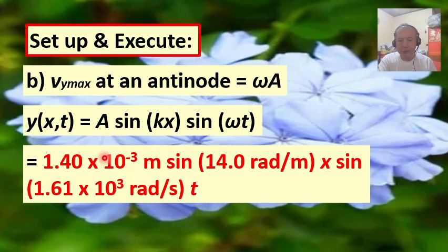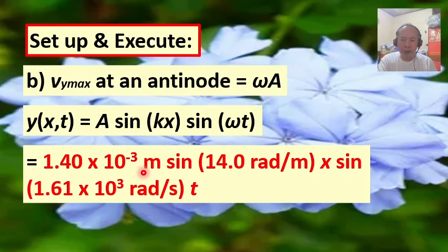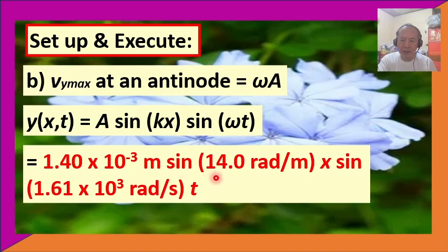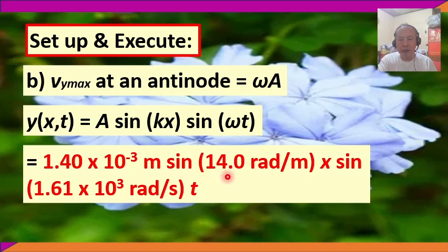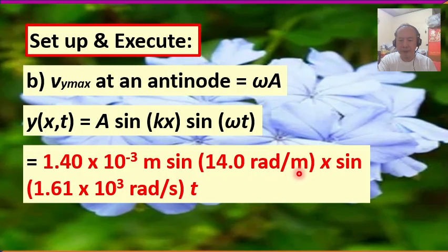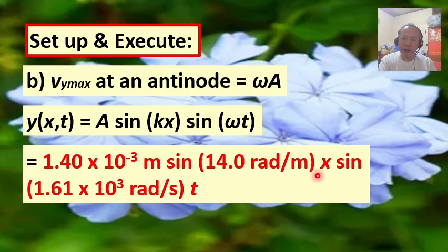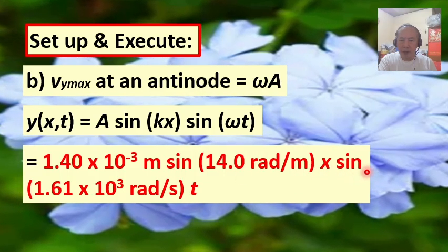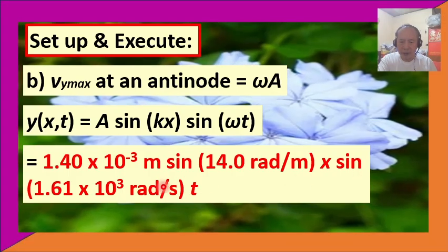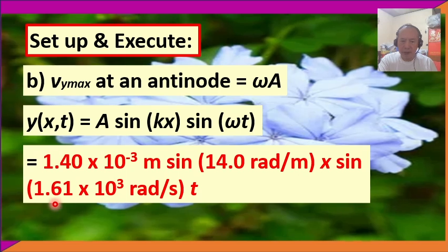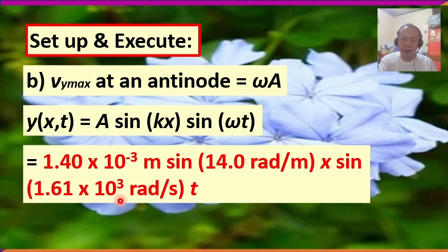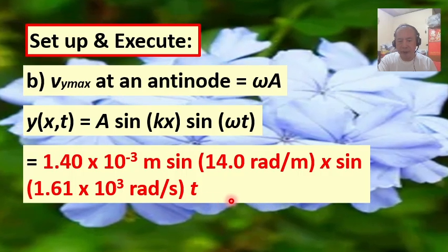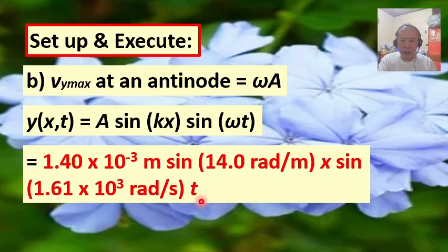This is the amplitude of the wave, multiplied by the sine of the value of k, which is 14.0 radian per meter. x is considered our variable, and that is multiplied also by sine of omega t, where the value of omega computed earlier is 1.61 times 10 to the third power radian per second, and t is another variable, the time t.